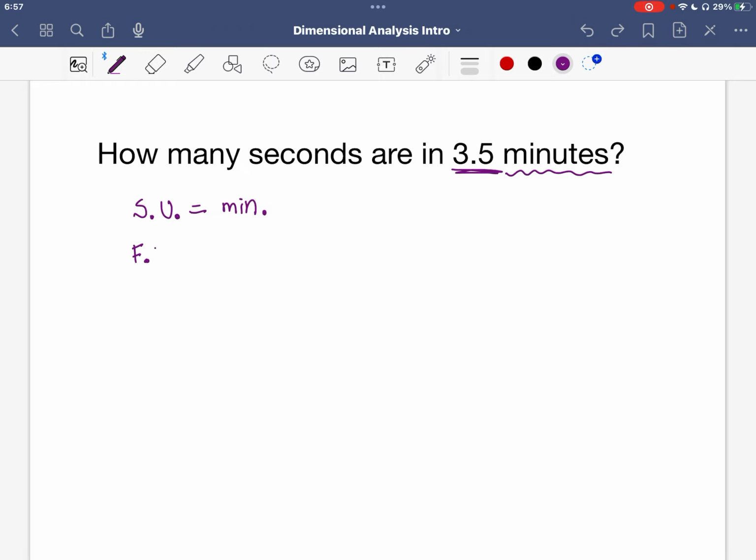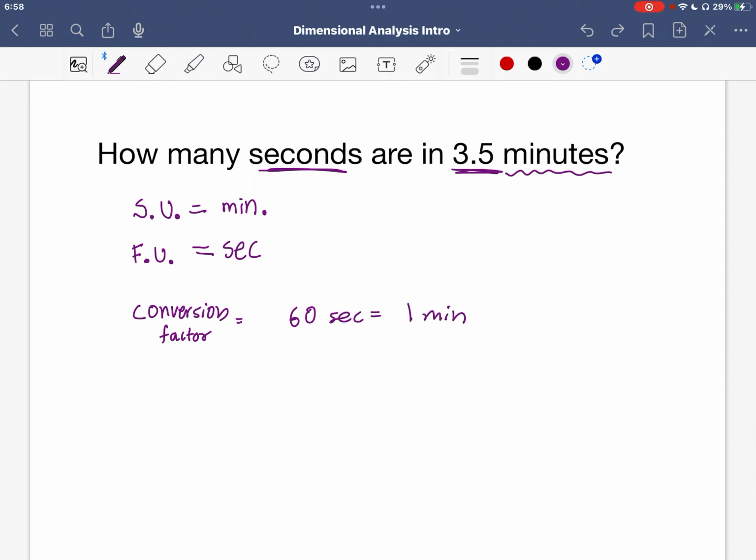My final unit, which I'm going to call FU, the unit I'm trying to get into, is seconds. And my conversion between the two, my conversion factor, is I know that 60 seconds is equal to 1 minute.